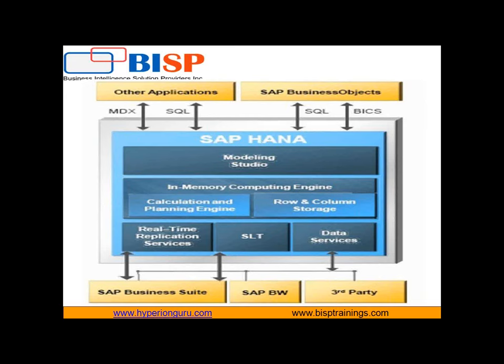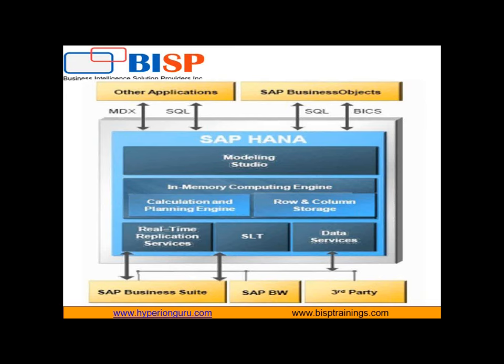And when we talk about the reporting layer, it's always about the reporting. In the reporting, we have different kinds of applications like Business Objects, and we can use Lumira, Tableau, and QlikView as reporting tools. For each and every one, we have different kinds of connectivities.